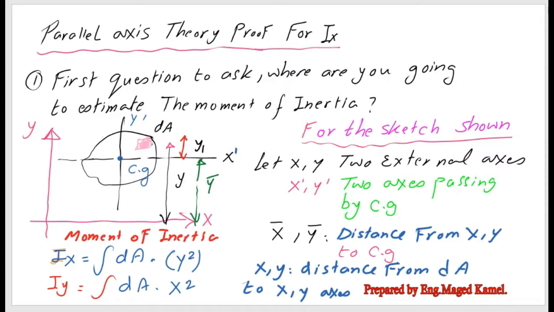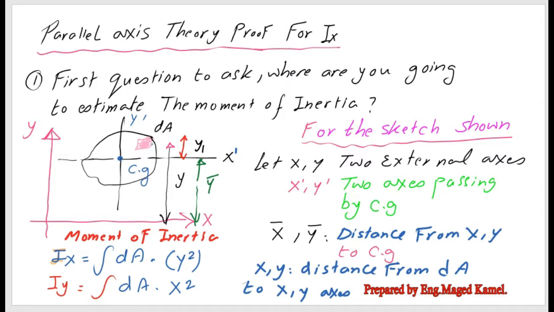The first component is called y1. This y1 is the vertical distance between the CG of dA and the x dash axis, which is passing by the CG, plus y bar, which we know before is the vertical CG distance from the external chosen xy axes.